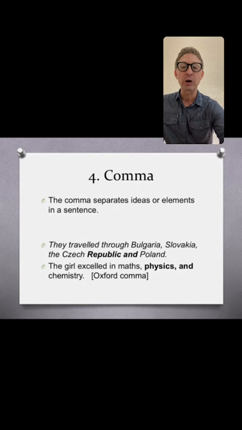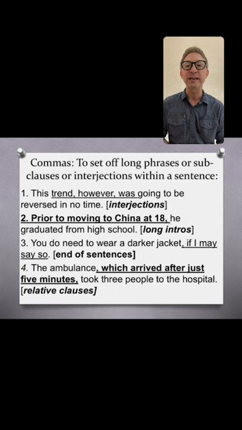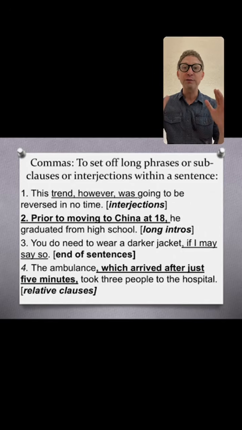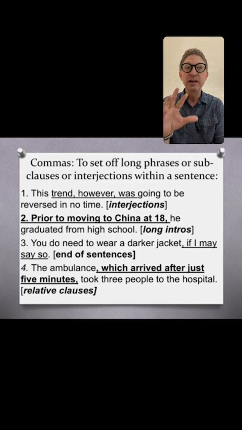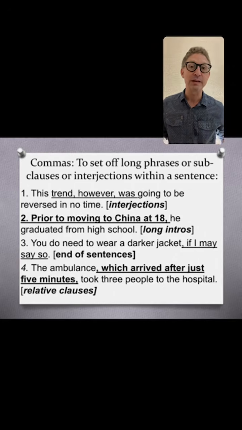Now let's do a second comma rule. I apologize, there's a lot here. Let me try to explain it. Commas set off long phrases or subclauses. A subclause or a dependent clause is not a complete sentence. It's dependent on a full or an independent clause.